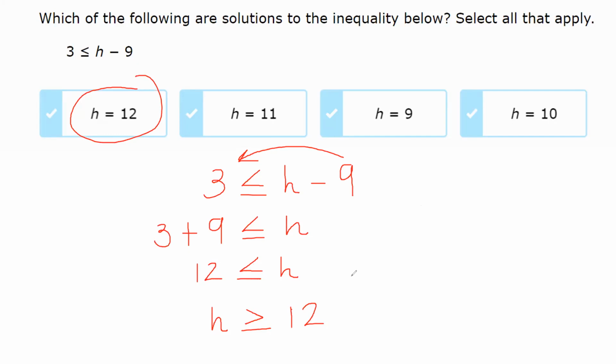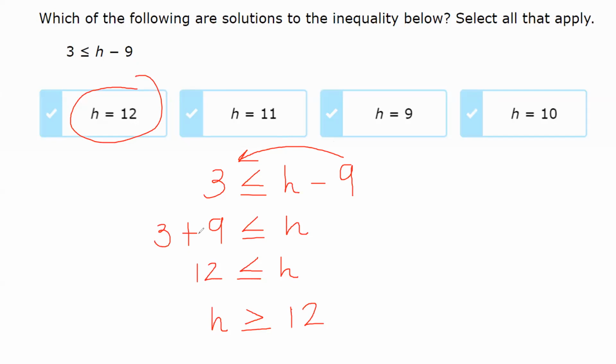Ajani, do you understand how we got our answer? Yes, sir. Okay, explain how we got our answer. What do we do with the negative 9? We send it over the inequality sign, right? It was a negative, so what does it become on this side?